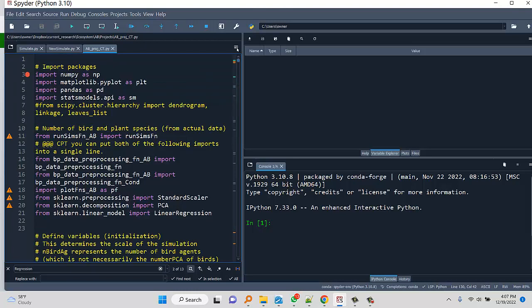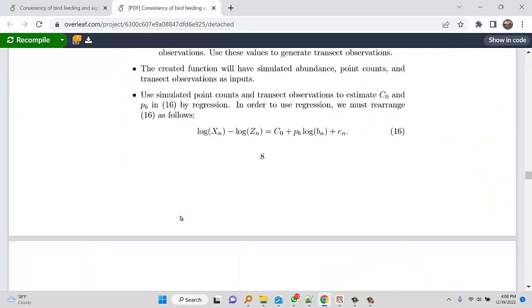The input was up here. Okay, so that's one way to do linear regression. I think there are other linear regression functions as well. But what we want are the regression coefficients, and we're doing a regression with intercept because C0 is our intercept.